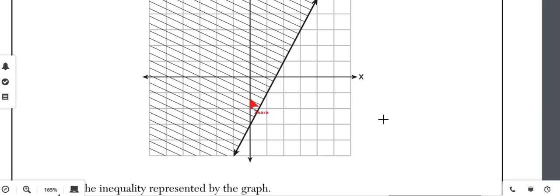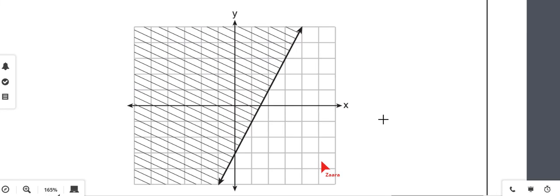This is not a tough question, but first of all we must know the equation for this line. This is a solid line. From that we will take a test point and see if it satisfies the inequality or not.